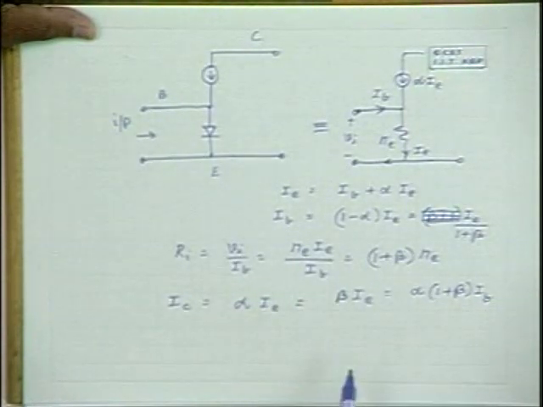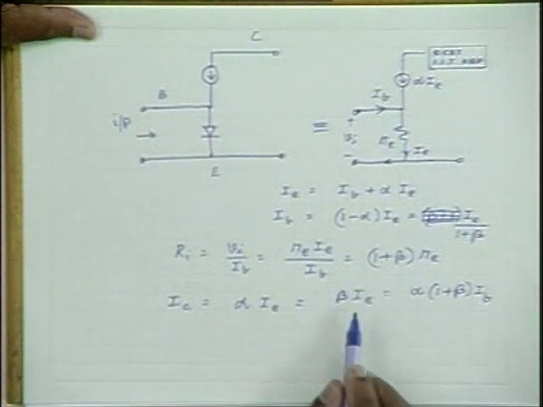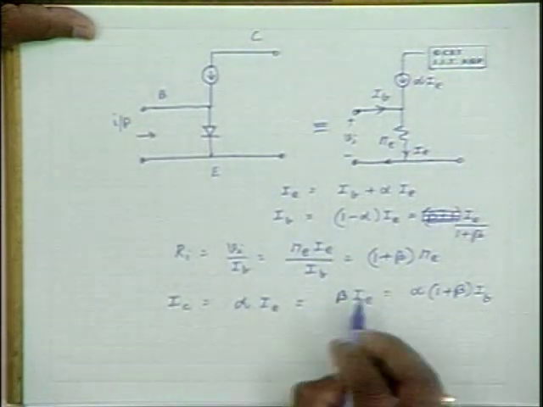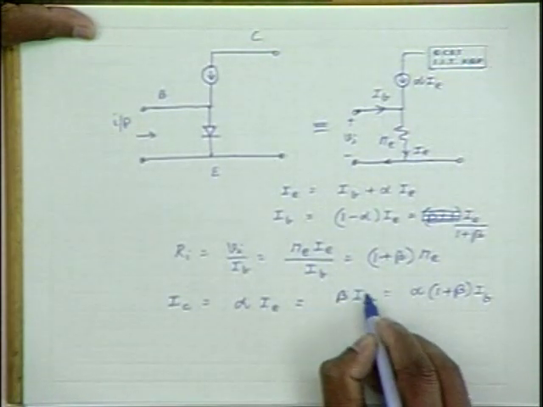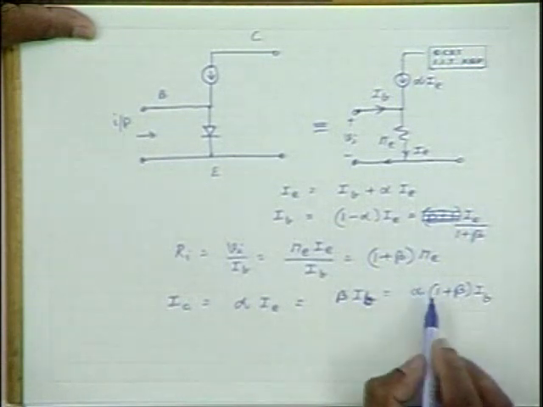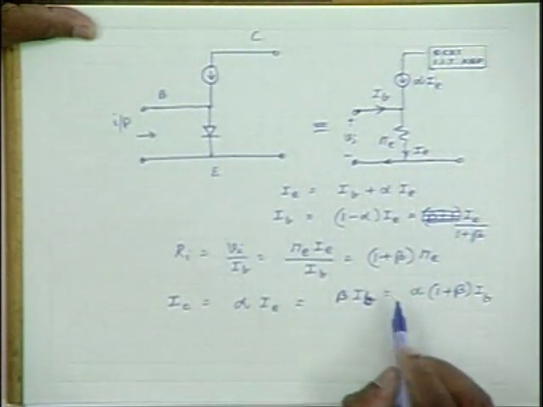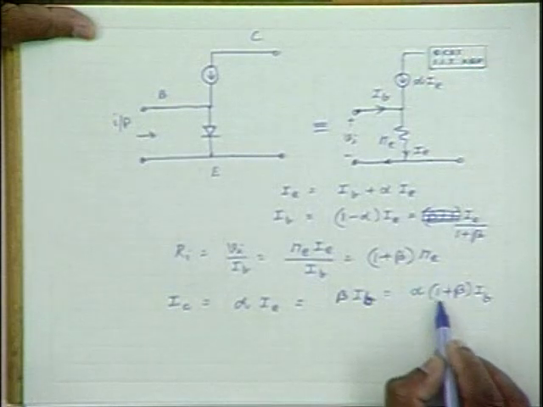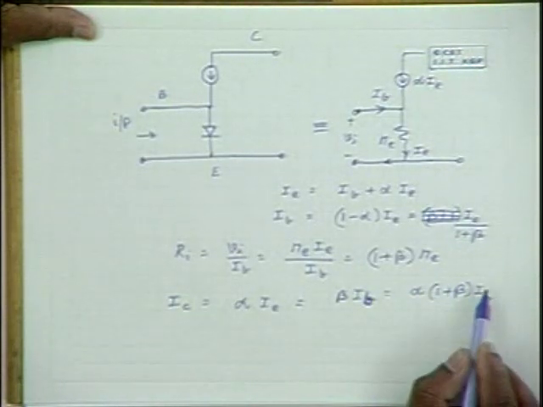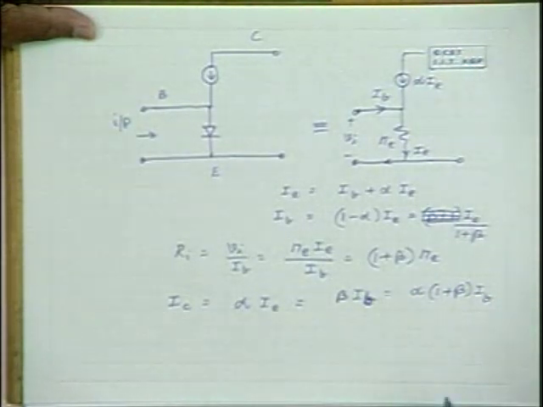So that is equal to beta into IB. IC is equal to beta IB here, and in terms of IE, it is alpha into 1 plus beta into IB.